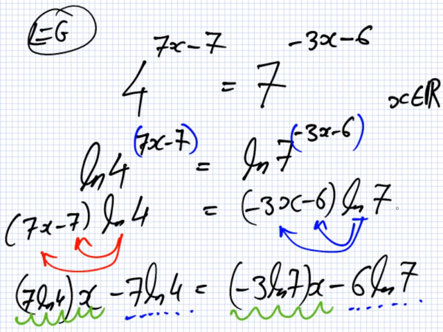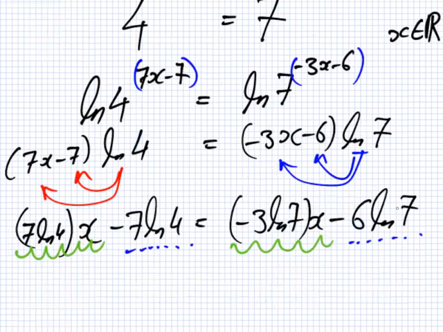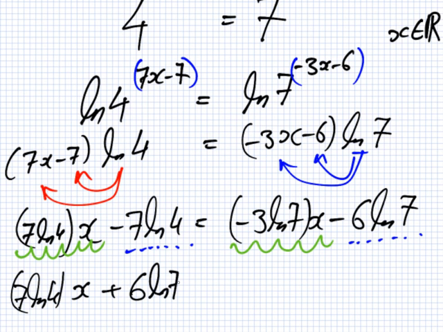Right. So I'll take the x's to the left and the non-x's to the right. So on the left I have 7 log 4 x plus 6 log 7 x equals what? Yeah, exactly.